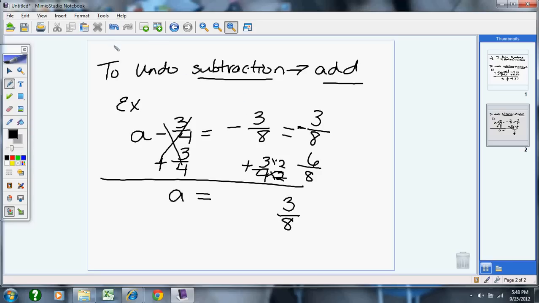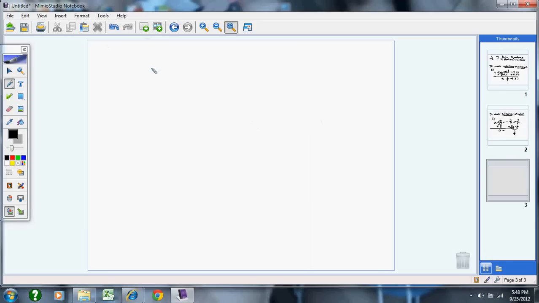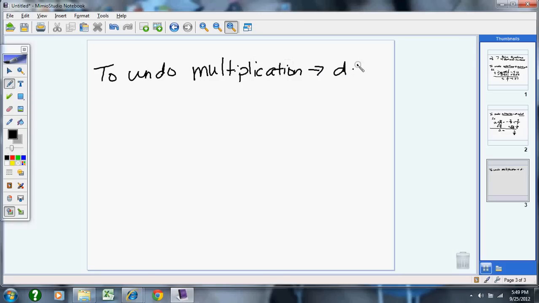All right, new page. This time when we want to undo multiplication, we will divide.